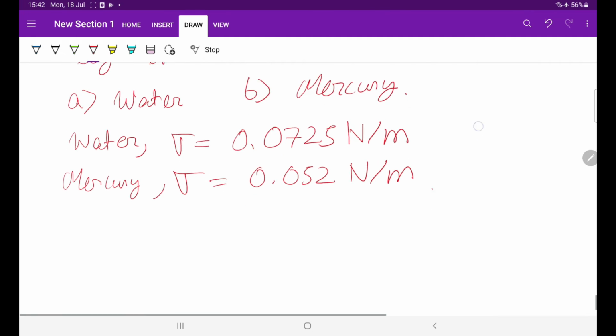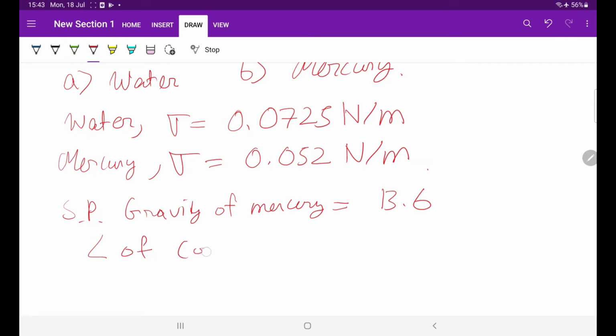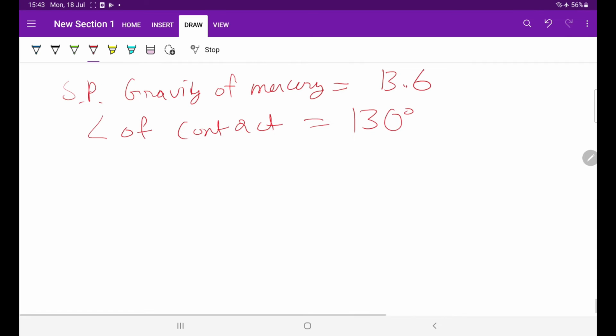The specific gravity of mercury is equal to 13.6, and the angle of contact, which we know as theta, they have given as 130 degrees. We know that the specific gravity of mercury is 13.6, which means rho will be 13.6 into 1000. We know that from the previous session.